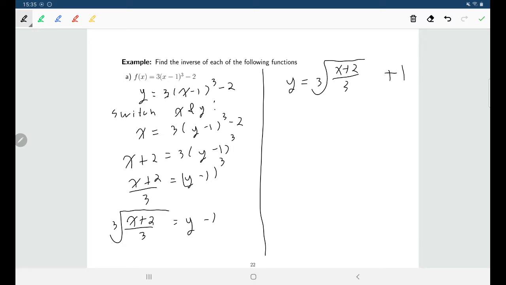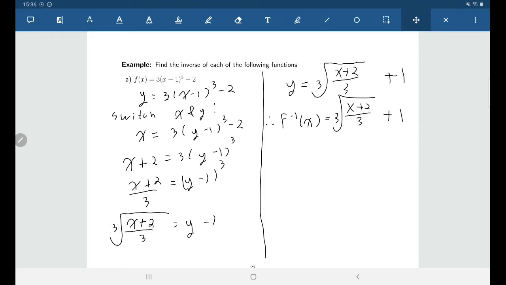And there we go. So what I've done now that I've solved for y, that should be my inverse function. So f inverse should be the cube root of (x plus 2) over 3, plus 1. And again, you could check your work if you wanted to. You could go back and just double check that f composed with f inverse gives you x, and f inverse composed with f gives you x.